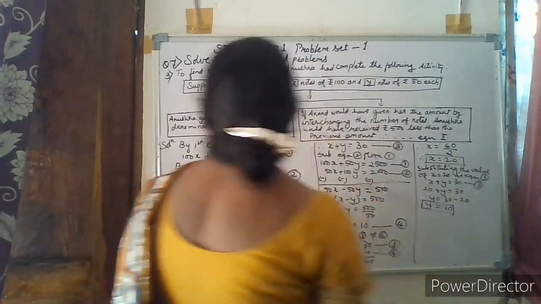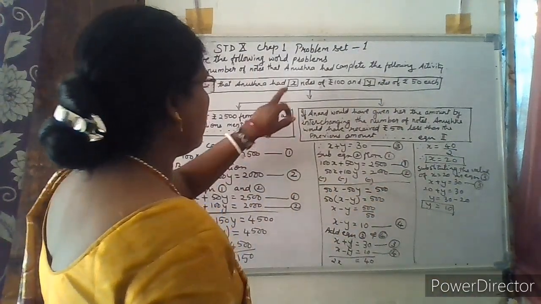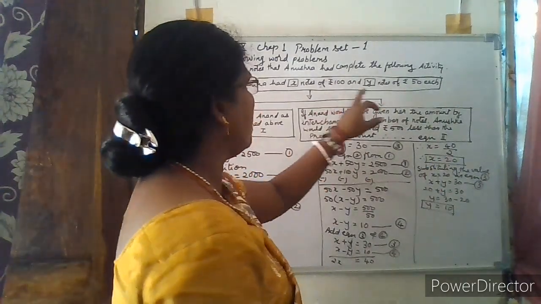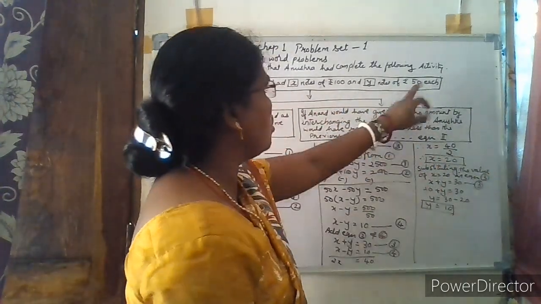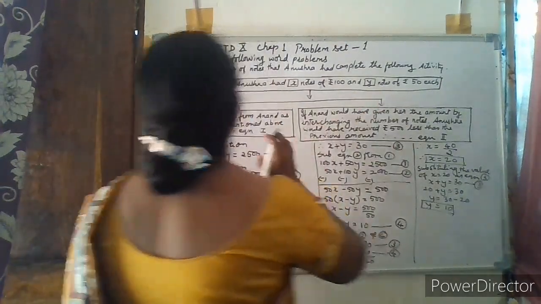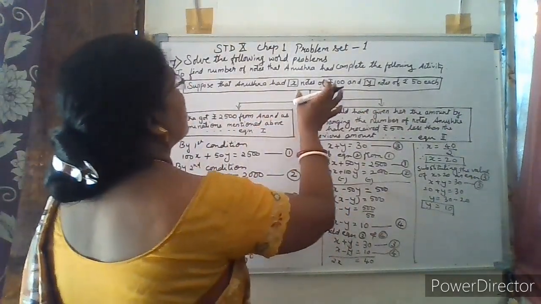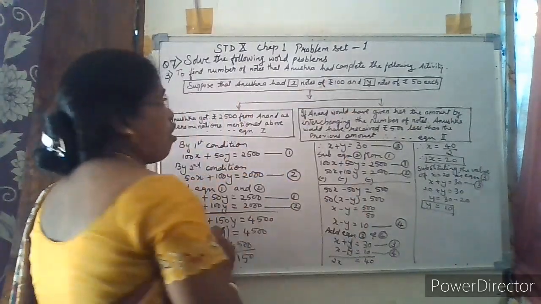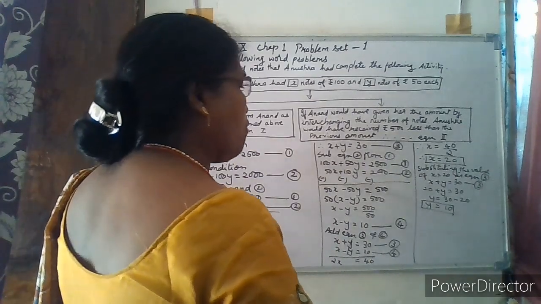What is x and y? That means x notes of 100 rupees. So 20 notes of 100 rupees and 10 notes of 50 rupees. So Anushka, what is given? The concluding answer. Now we have to find out the number of notes of 100 rupees and number of notes of 50 rupees.